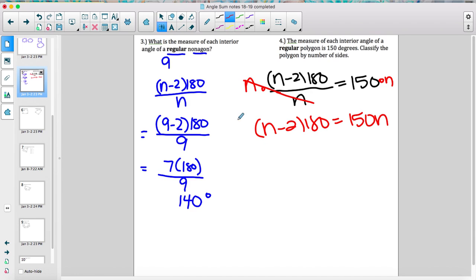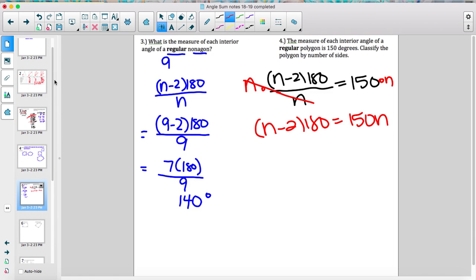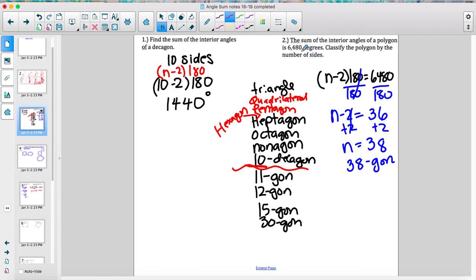When we solved the equation for number 2, we divided by 180 on the first step. However, we could have, because 180 went into 6,480, we divided there.